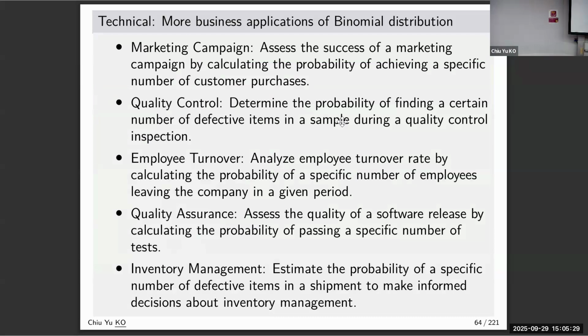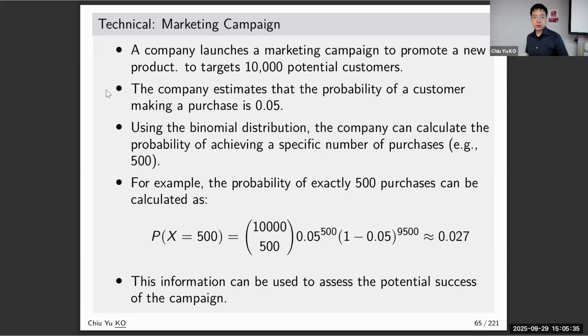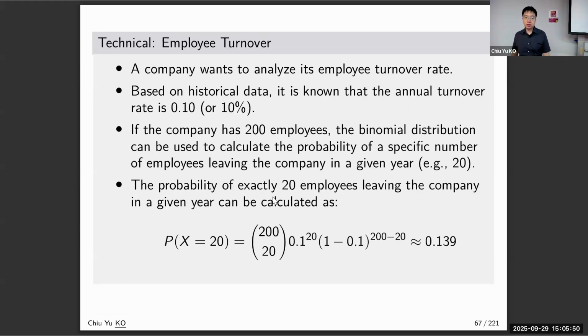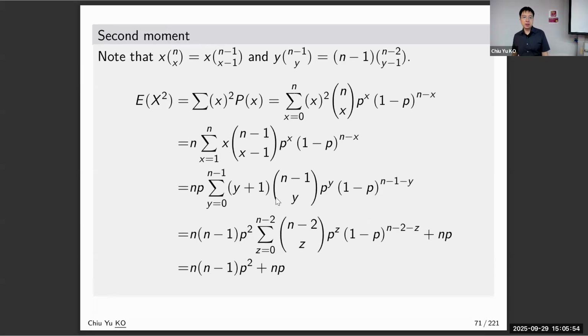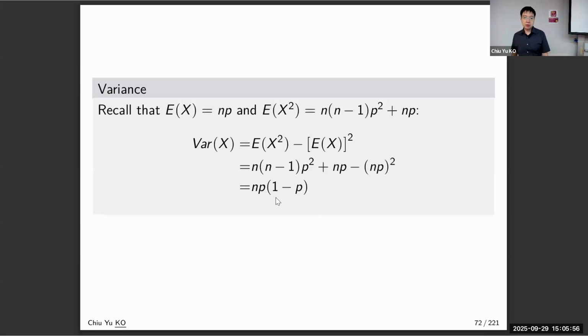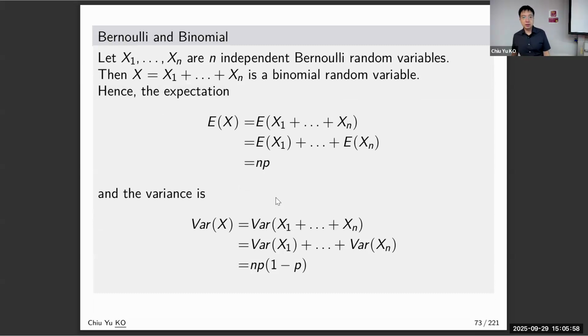That is happening over there. So this is the example: how many attempts will be made. You have to do a lot of campaigns and calculate the number. And credit control, turnover. I'm not going to go into detail. There's a proof for the np and the variance. I'm not going to explain why the formula is here.